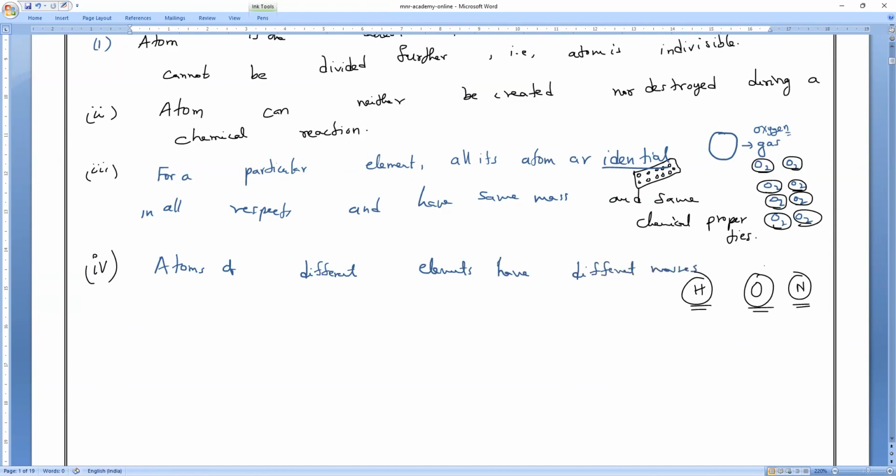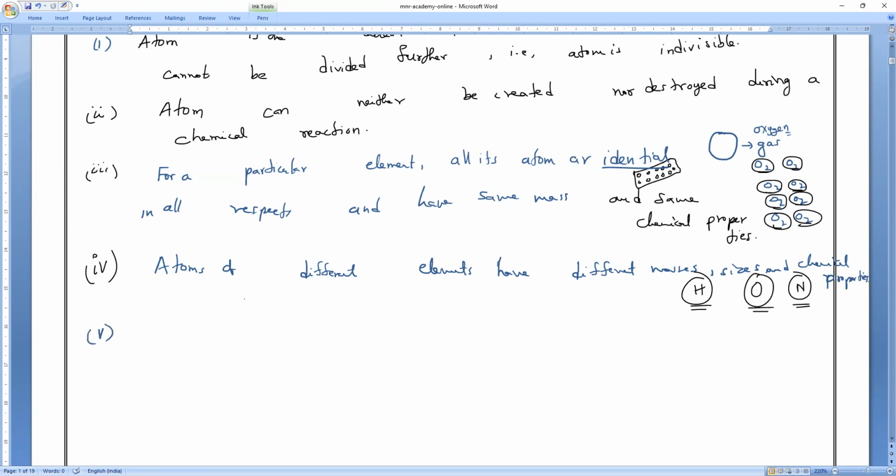Don't try to learn the point, understand the point, and then write. Is the size the same? Size is not the same. Are the chemical properties the same? No. That is what you have to remember. This is the fourth point of Dalton.